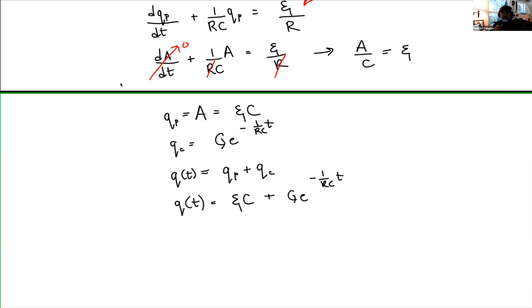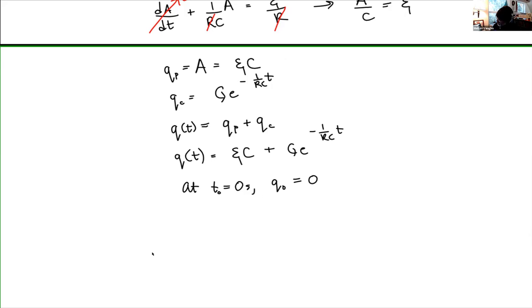Because we know the EMF of the battery, we know the capacitance of the capacitor, we know the resistance of the resistor. The only thing we don't know is G, and how we're going to find G is we're going to apply our initial value. Remember, we said that at t equals 0, our charge is equal to 0. So let's plug that into this expression right here. At t equals 0, we're calling that Q naught.